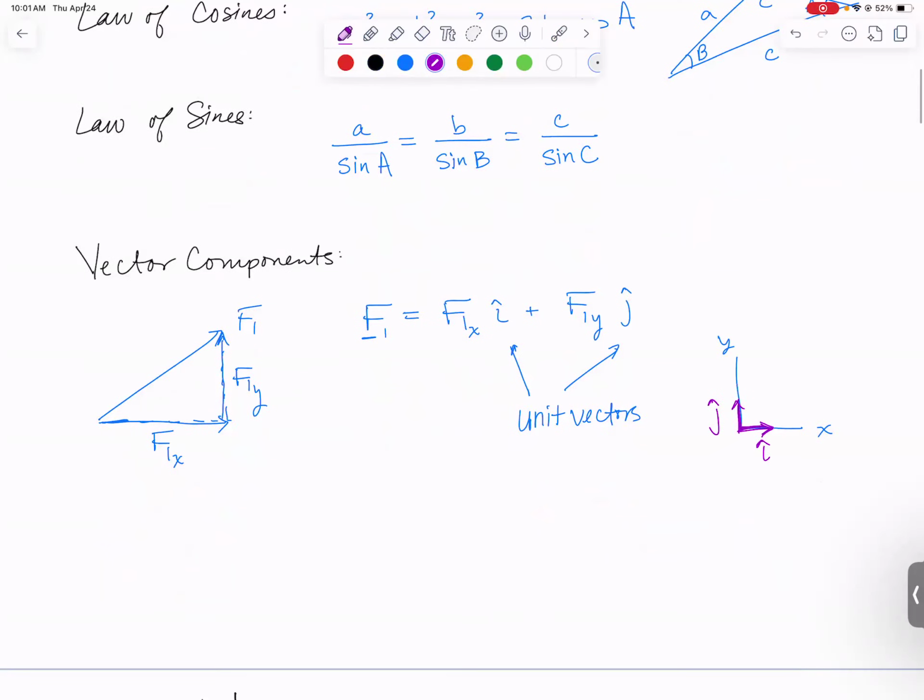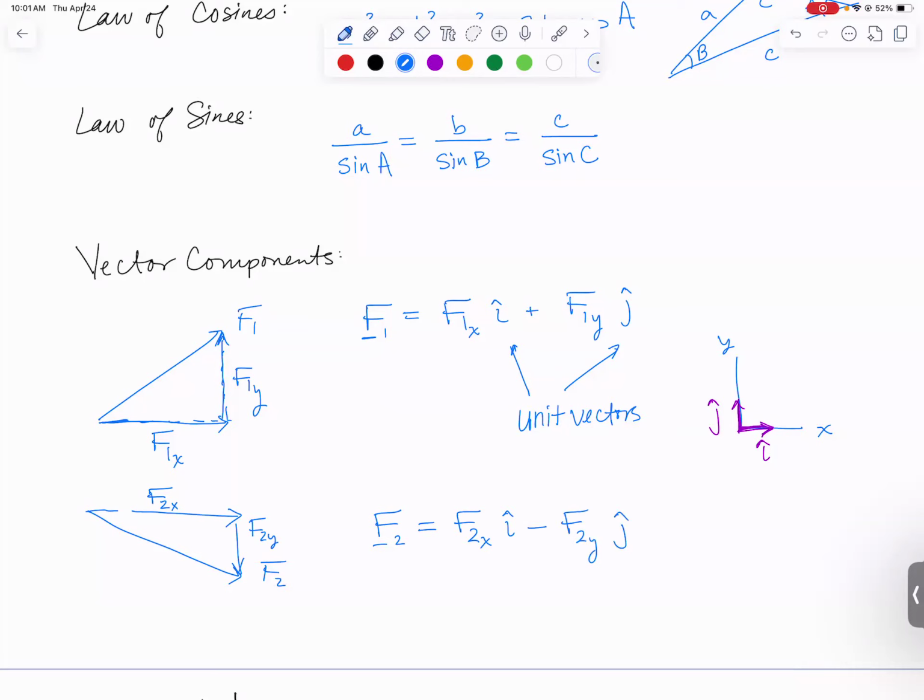We would then write down our f2, which is pointed this way, and it's going to be made up of an f2x and an f2y, and then I can write this vector in Cartesian components using f2x in the i direction. And then since that f2y is pointed downward, I might call it minus f2y in the j direction.